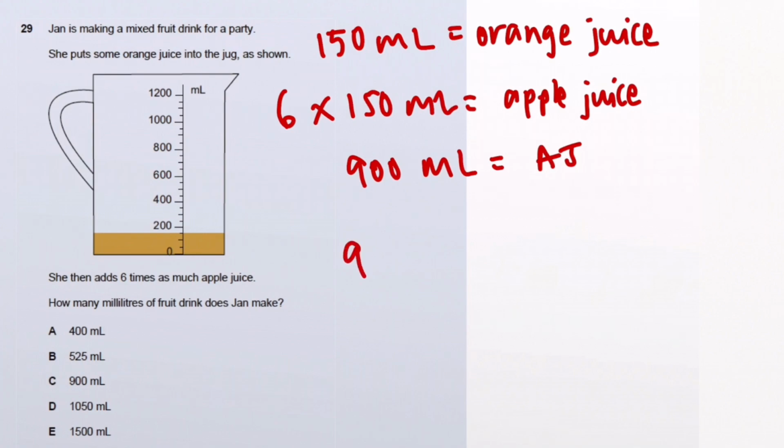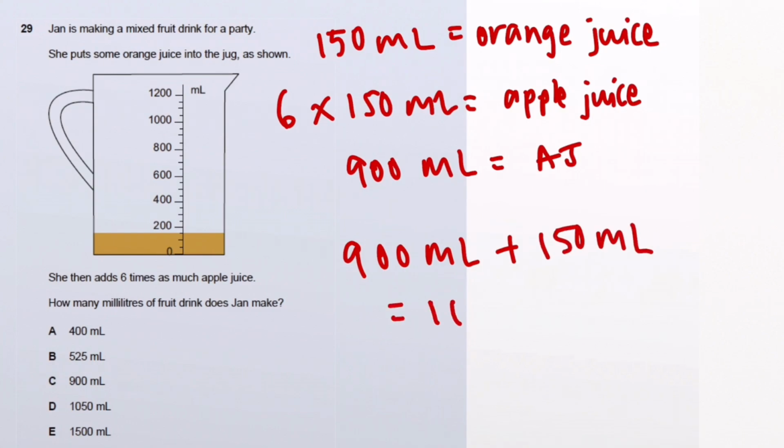And then to find the total amount of juice, we just add those two together to get 1050 milliliters, which is D. So again, this question is quite straightforward and requires students just to look at the diagram carefully and to also carefully understand what the question is asking.